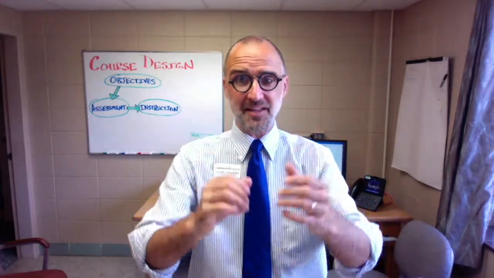Having a clear rubric helps you be focused on what you're looking for and then to grade student work effectively. But having a rubric and sharing it with the students also helps them see what you're looking for. It reminds them of your objectives, it tells them what they should be looking for as a sign of their own learning, and it helps them perform better on the assignments you give them.